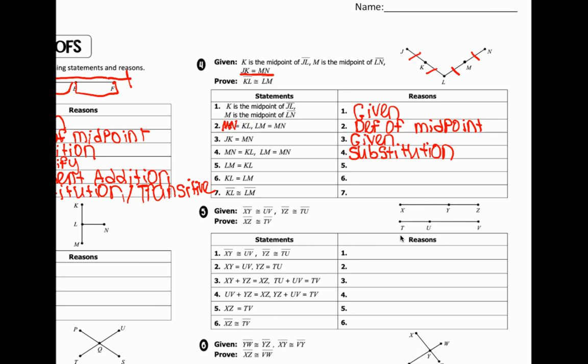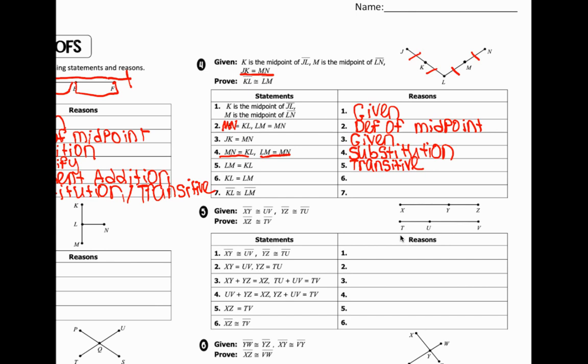Because we're using these two statements here in line 4, this is going to be a case of transitive, because we've got an A equals B, B equals C, so A equals C. And that one's a little tricky, so you might want to reorder it if that helps you out. So you could say if KL equals MN and MN equals LM, then LM has to equal KL.